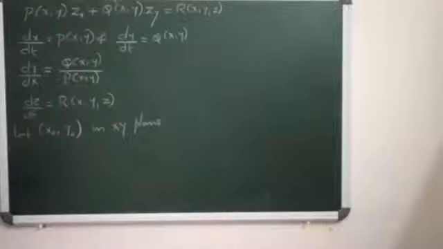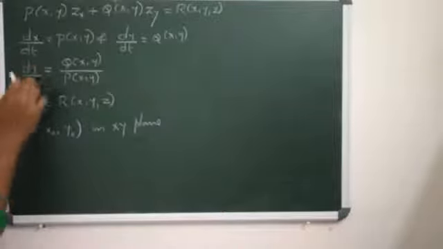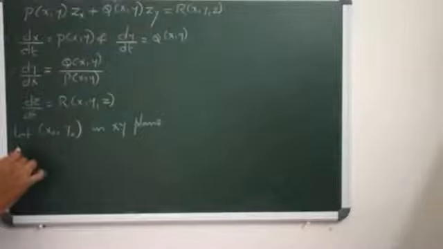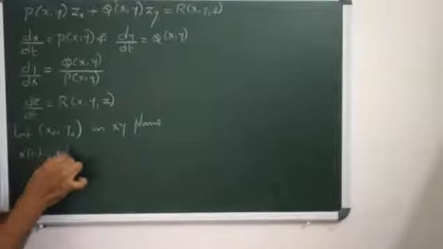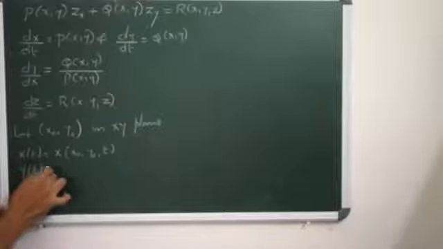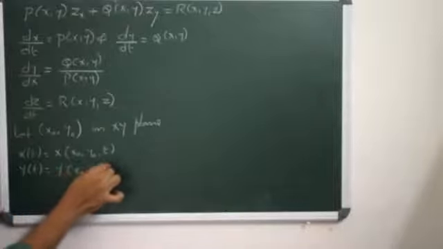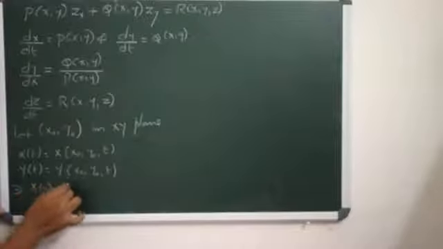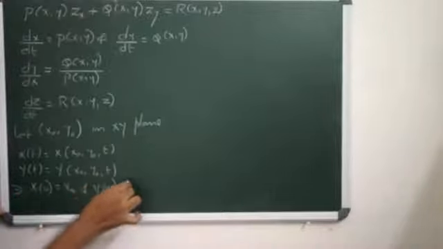So the existence and uniqueness of solutions of the initial value problem for the ordinary differential equations dx/dt = p(x,y) and dy/dt = q(x,y) will define a unique characteristic curve x(t) = x(x0, y0, t), similarly y(t) = y(x0, y0, t), such that x(0) = x0 and y(0) = y0.